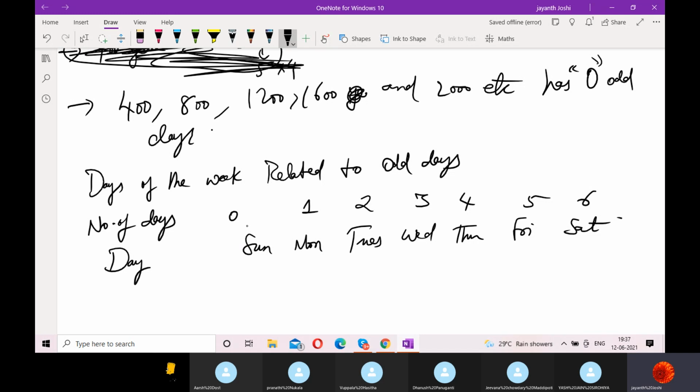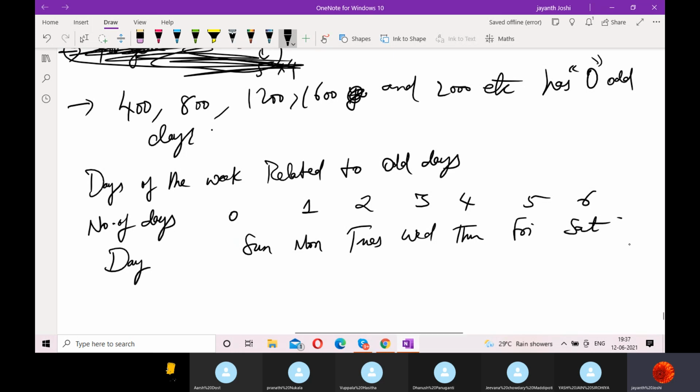What I mean by this is, after calculating everything, if you get the answer 0, that means 0 odd days, the answer would be Sunday. Then if you get 1, Monday. If you get 2, Tuesday, like that. If you get 6, Saturday.